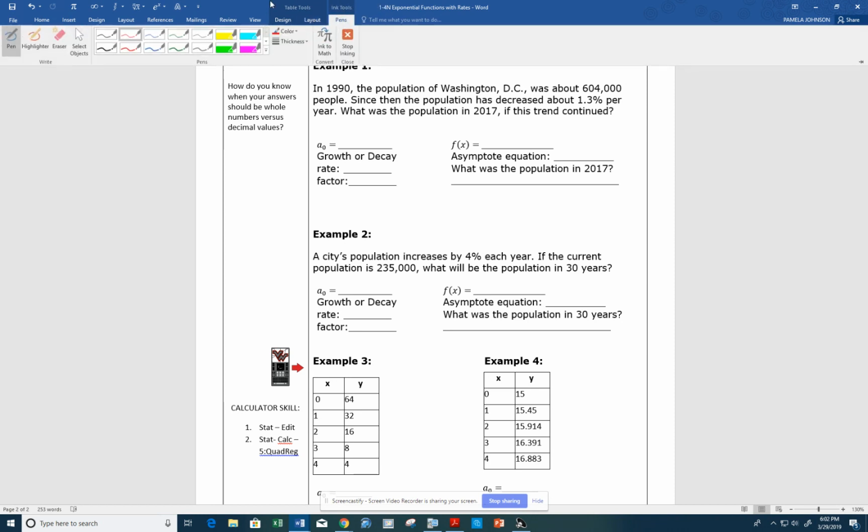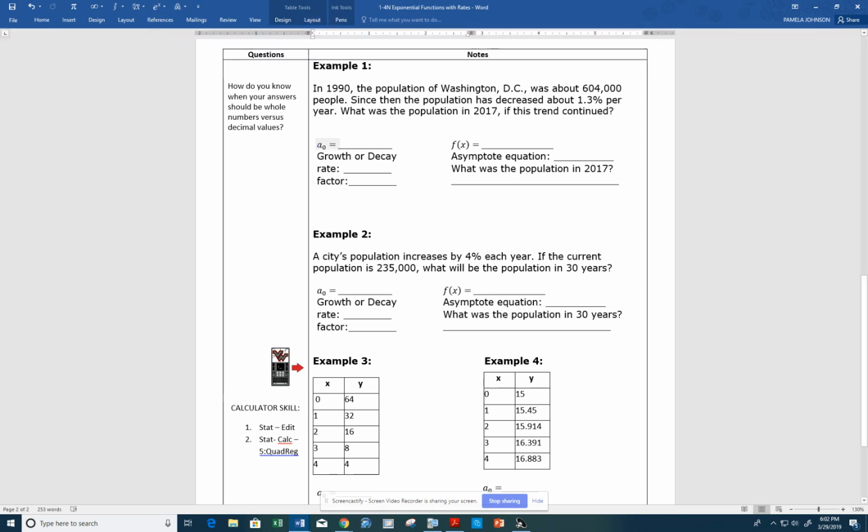Okay, so let's find the information that we need. We know we need our starting value. So our starting value is right here, the 604,000. Okay. We're given a rate, we're given a percentage. So this is going to be our R. Okay.